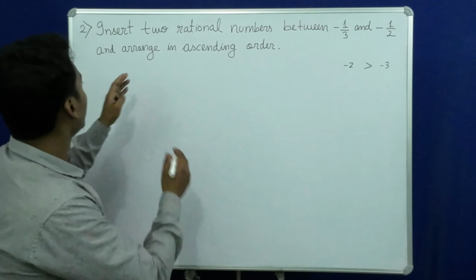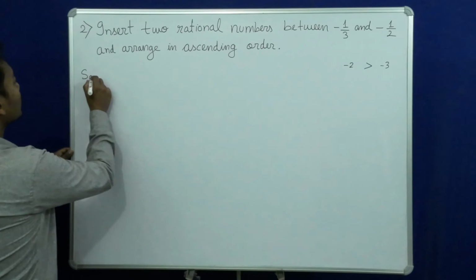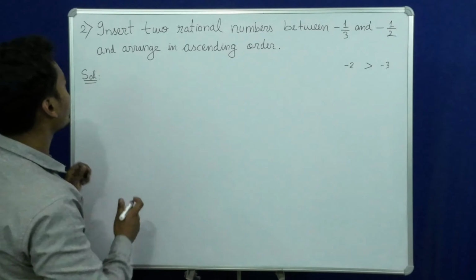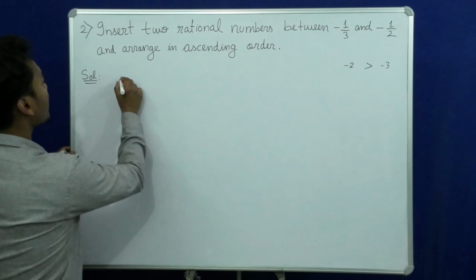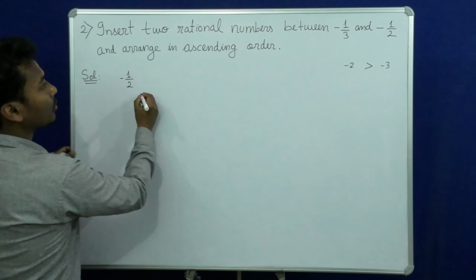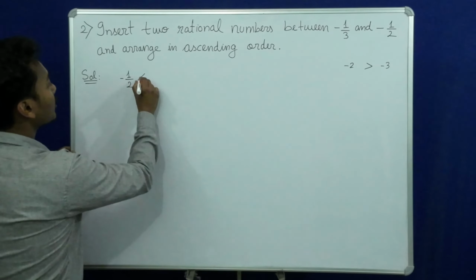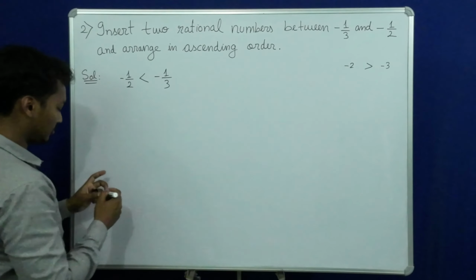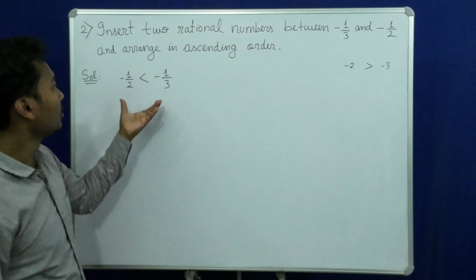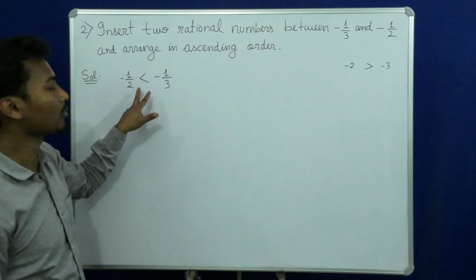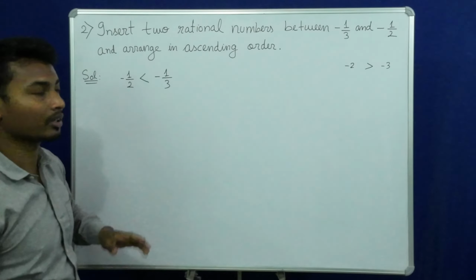So let's arrange it in the ascending order in the beginning itself. So we can say -1/2 is smaller than -1/3. Now let's use the same method to find two rational numbers between these two rational numbers.